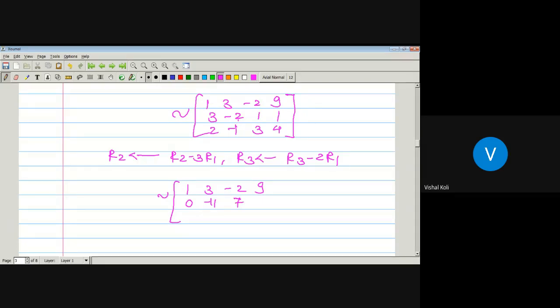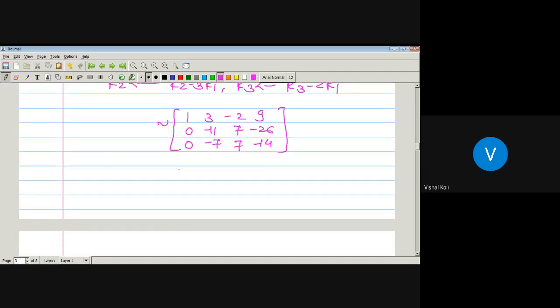And now 1 minus 3 into 9, 27. 1 minus 27, minus 26. Now 2 minus 2, 0. Minus 1, minus 3 into 2, 6, minus 6. Minus 1, minus 6, minus 7. 3, minus of minus 2 into 2, 4. 3 plus 4, 7. And last one, 4, minus 9 into 2, 18. 4 minus 18, minus 14.